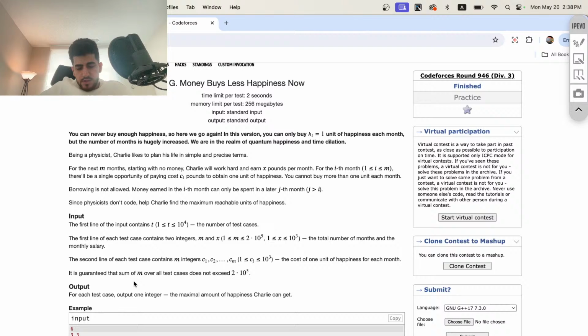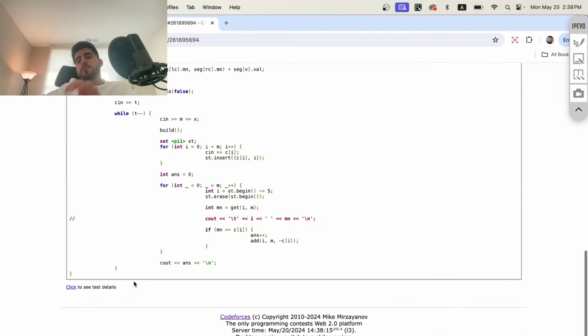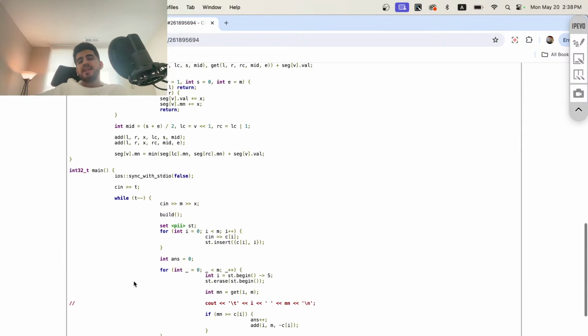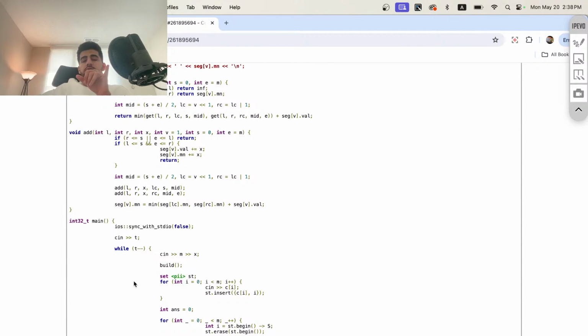Val is the value of the node, and mn is the minimum cost from left to right segment. Yes, mn is the minimum cost in this segment. Val is the additional value that this node might have. Because in my adds, because I have a segment tree, if a node completely lies in my interval, I don't go further down.